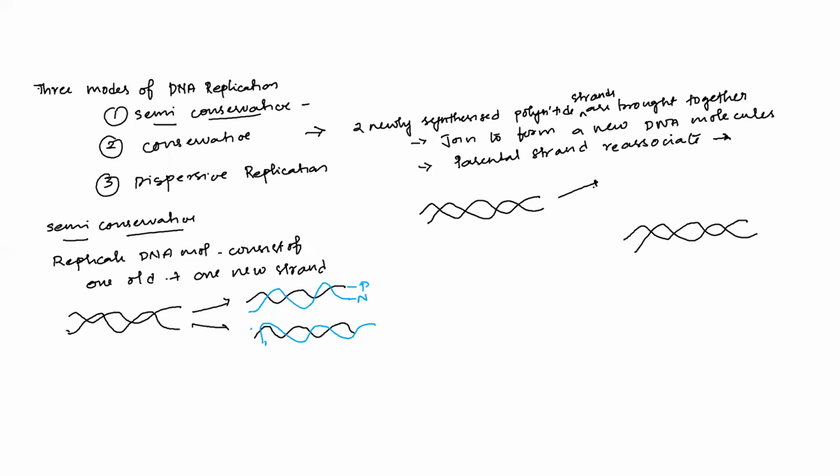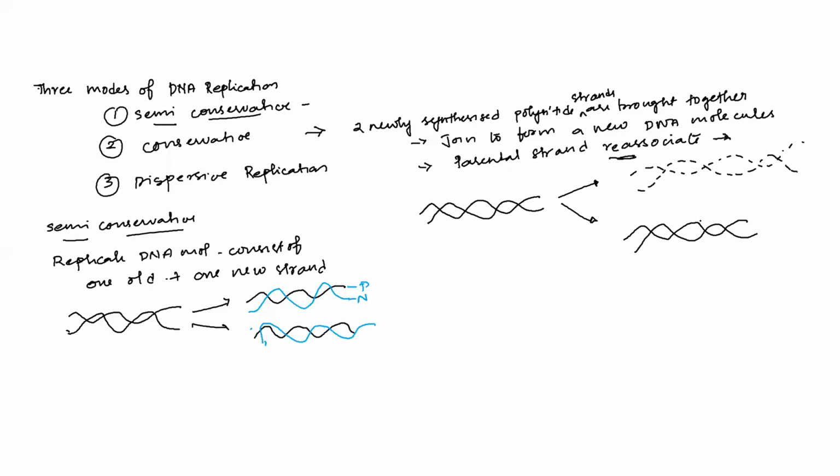You have a strand which is completely parental. So this is what I meant by reassociate. The parental strands are going to reassociate after the replication, and the daughter strands, which I'll just write like this, will be together. That is, there will be no mixing up.